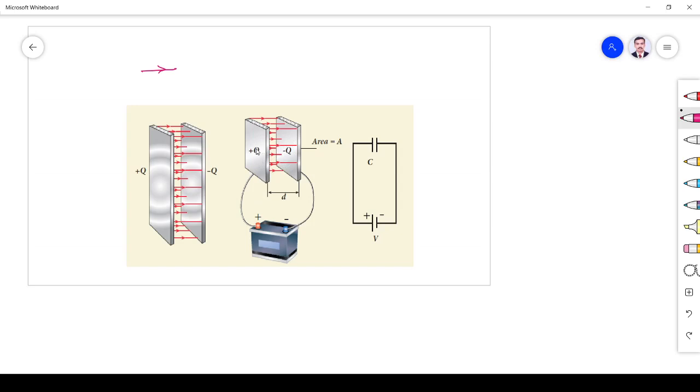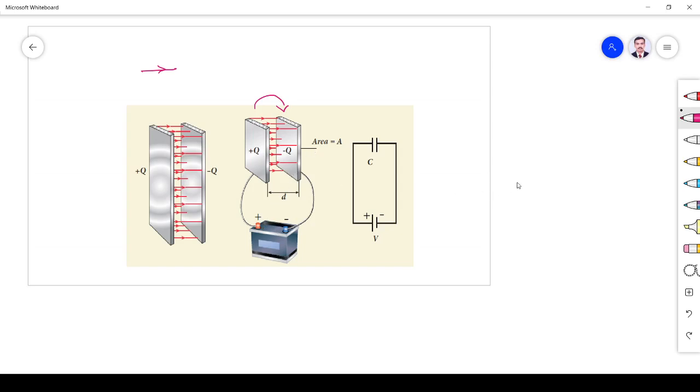Electrons are transferred from one plate to the other plate. So one plate becomes positively charged and the other plate becomes negatively charged. The potential difference between these two plates is equal to the potential difference of the battery. That is another important point to be noted.